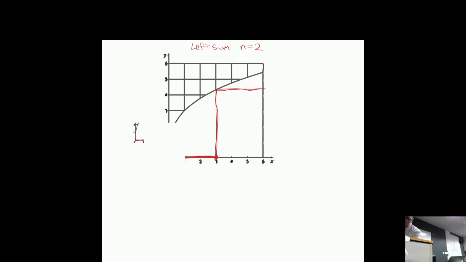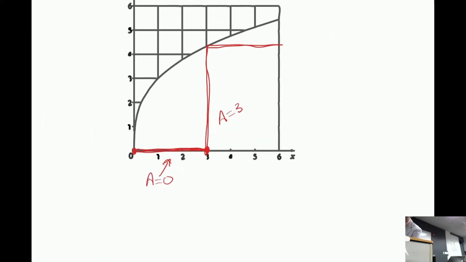We can actually compute, or at least approximate, this area. I'll show you how I do this. The area of this is going to be 0. This has an area equal to approximately 3, because the bottom is 3. I'll go in a bit further. Okay, 3 times, I'm going to go with 4.25.